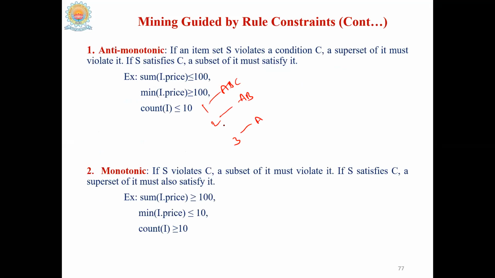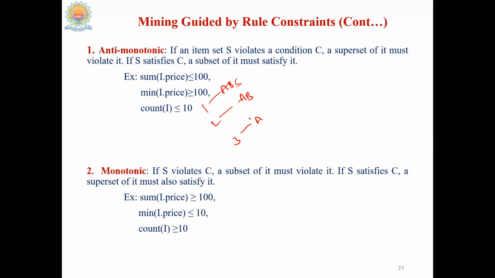In level 3, we are having one item, in level 2, we are having two items, and in level 1, we are having three items.